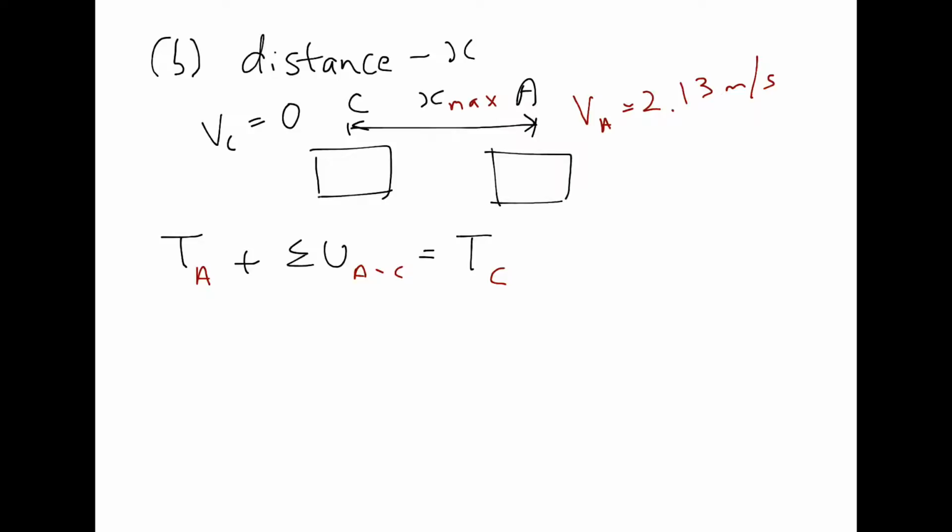That makes things much simpler, because if Vc is 0, then the kinetic energy Tc will be 0. And then I simplify the whole equation as my kinetic energy at A, that will be 1/2 m VA power 2. So m will be still 10, VA that will be 2.13 power 2.